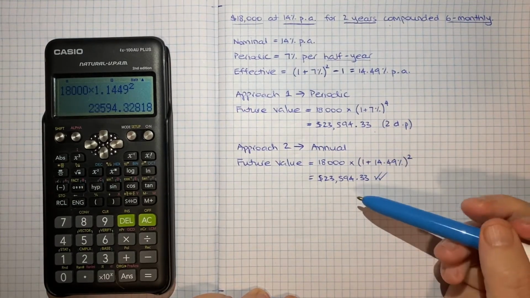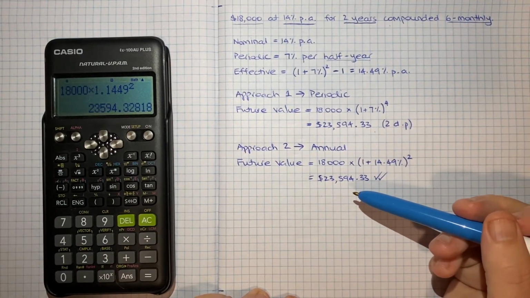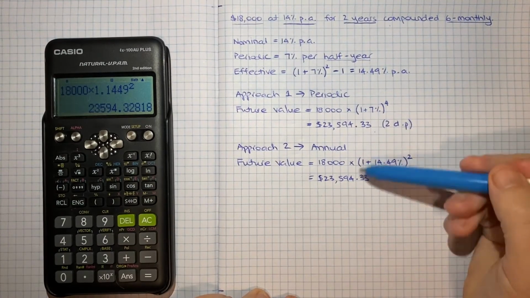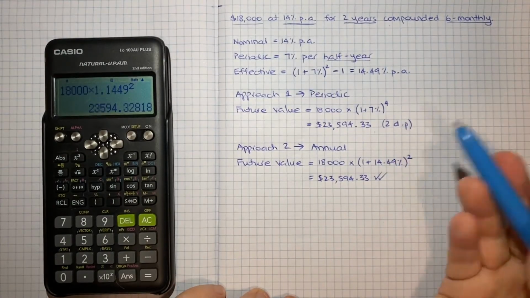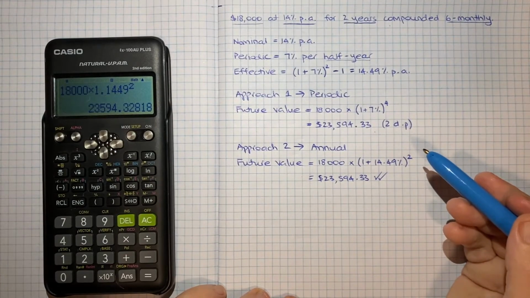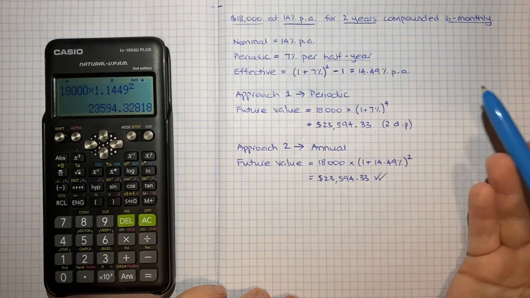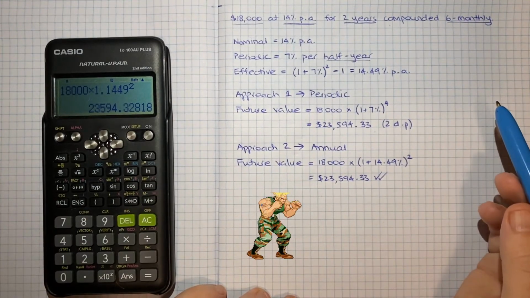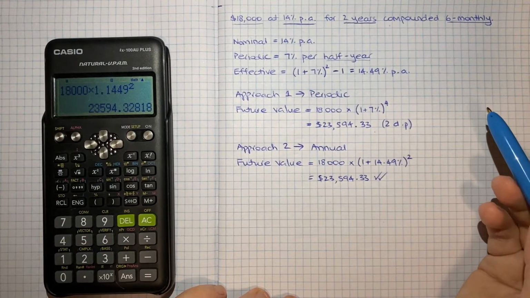I mean, it's possible that we could still have made a mistake and we just did it consistently, but I'm pretty confident this is the answer that we need to get to. And just doing that sense check just gives you a little bit more comfort. So hopefully you found that explanation helpful.